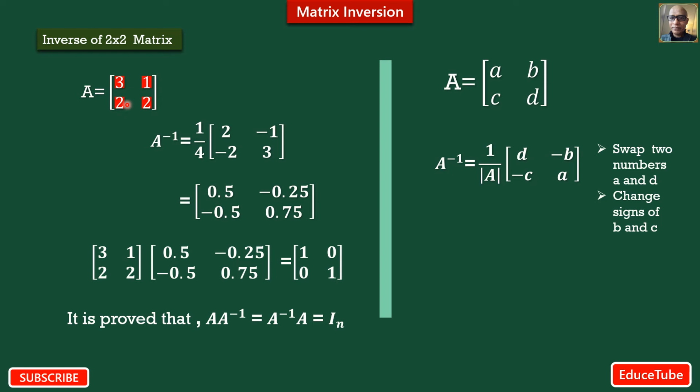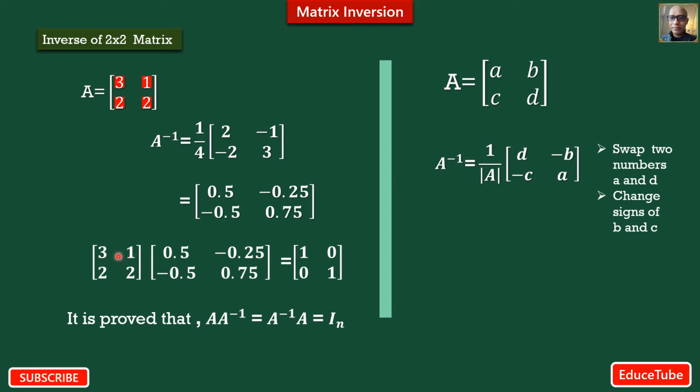Now the question is, is this correct? How do I know this result is correct? What I will do is multiply this inverse result with the original matrix and see whether the result is the identity matrix or not.